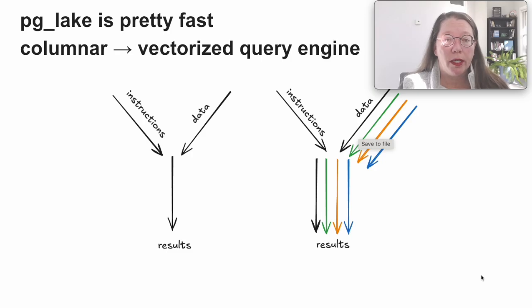Columnar data lets you grab entire chunks of data in what's called a vectorized query, where you can bring data out in chunks, and it's quite a bit faster. For analytics use cases, for querying large files, or looking across dates, creating those look back queries where you want to collapse a lot of data into weeks or months, PG Lake is extremely fast if you compare it to a traditional Postgres use case.